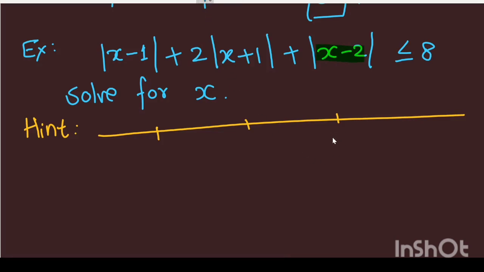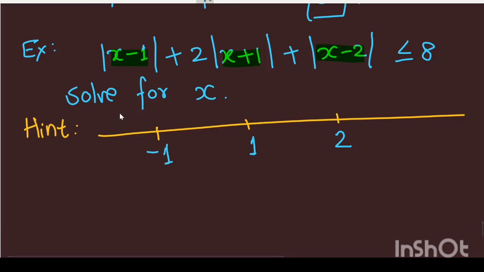We sometimes refer to them as critical point, but that nomenclature is not that much required. So 2 we can write here. Now followed by, it is x equals to 1, so it is 1. Then followed by x plus 1, which is minus 1.